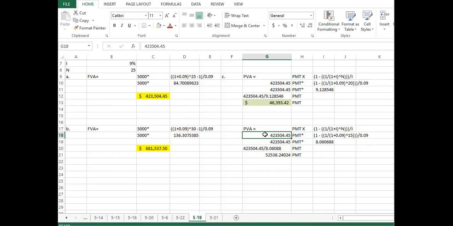If she retires at the age of 70, then the present value will be 6,81,537.5. Okay. So here we have 6,81,537.5.